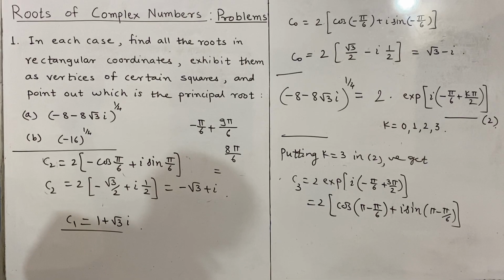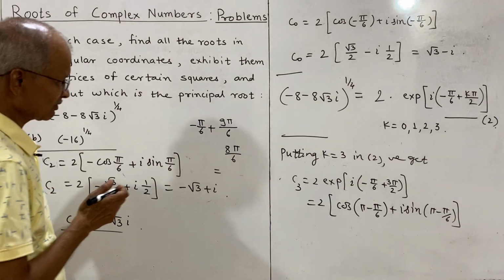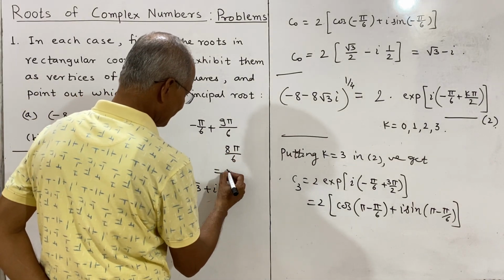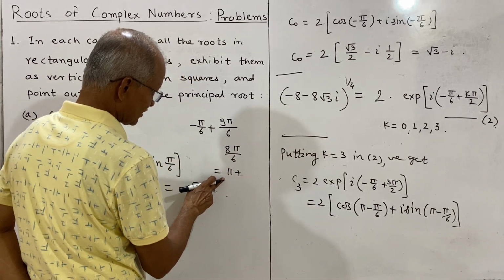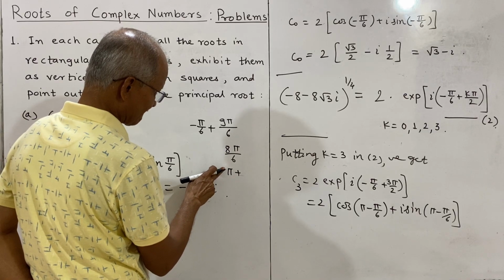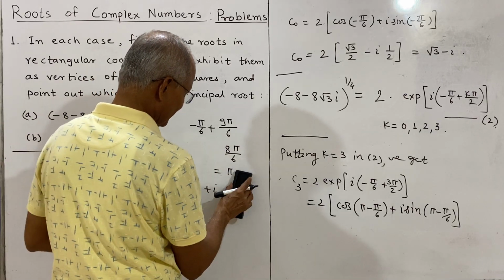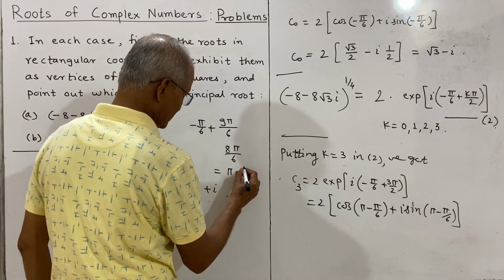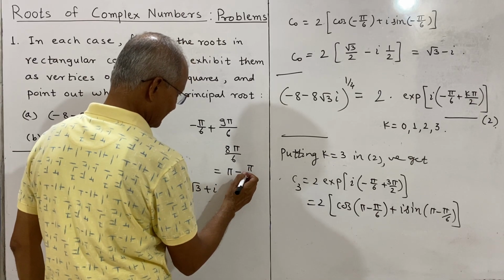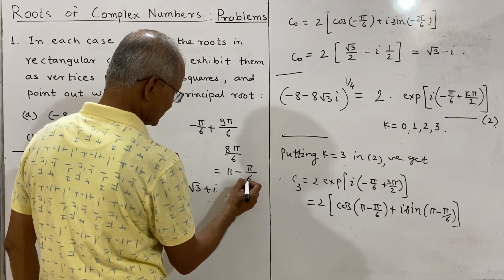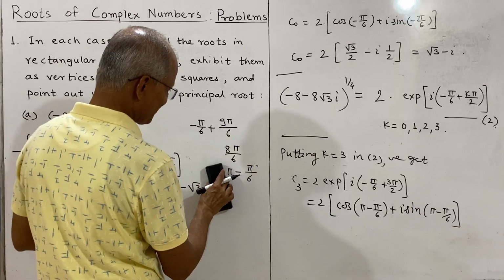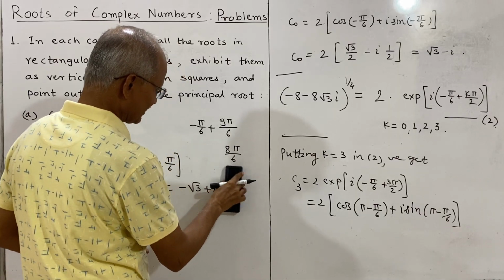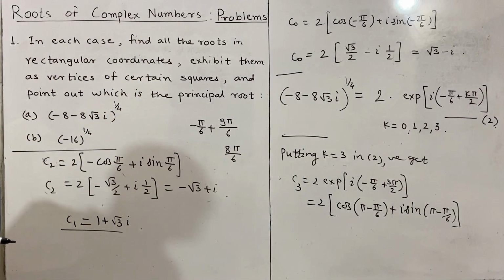If you consider pi, then 8 pi upon 8 would be pi, so we will express this as pi plus, in terms of pi plus or minus, and 8 by 6 will give 1 plus.